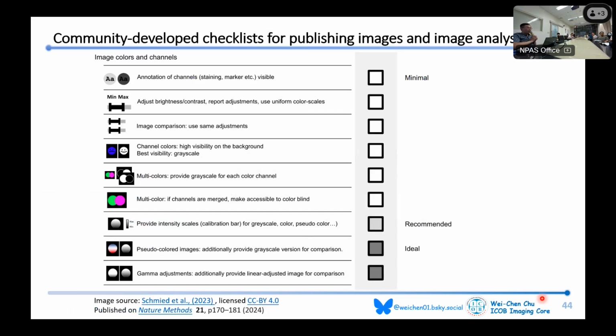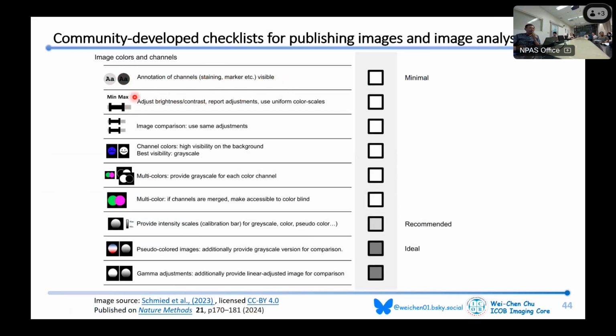Okay, so this is a community developed checklist for publication and image analysis. This was published last year. So for the publication image, you have to have proper annotation for channels. For example, you need to put a standard marker or sometimes a scale bar.